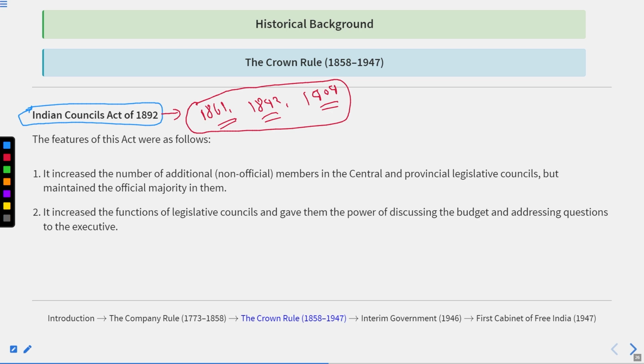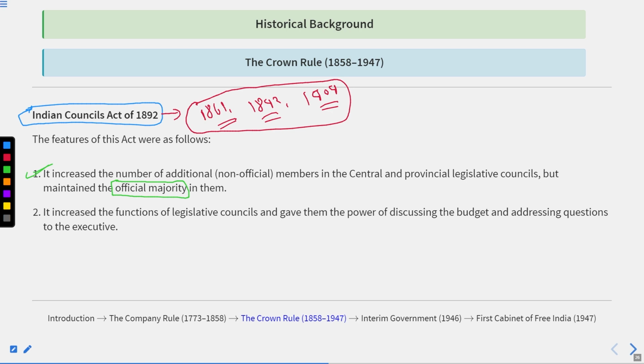So here we have the Indian Councils Act of 1892. What was this? Let's see. First, it increased the number of additional non-official members in the central and the provincial legislative councils, but maintained the official majority in them. We had discussed in the 1861 Act itself that there was a provision for non-official members to the council, and the Viceroy, Lord Canning at that time, was appointed to recommend the names.